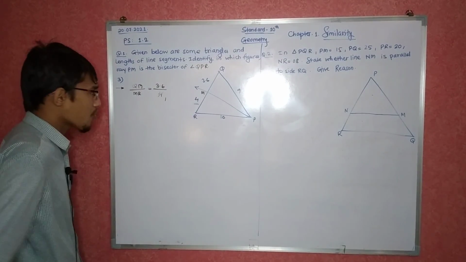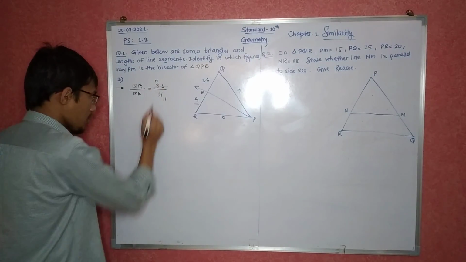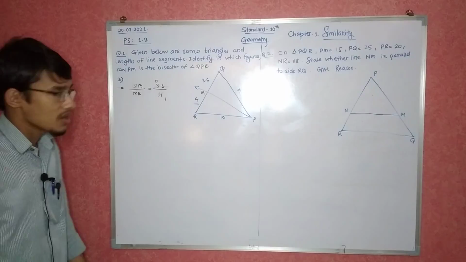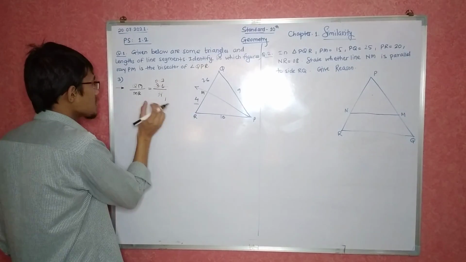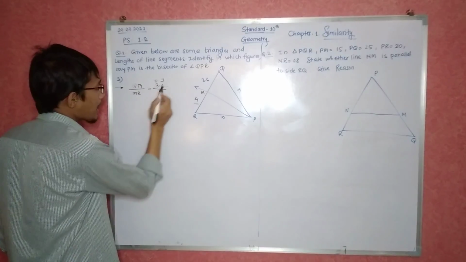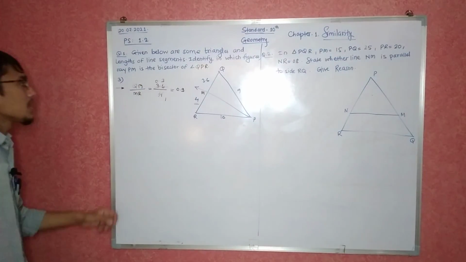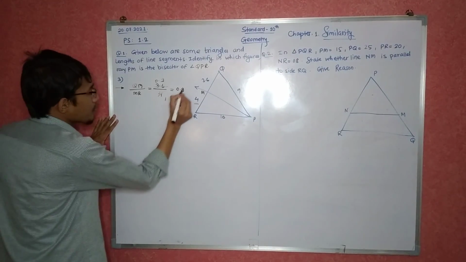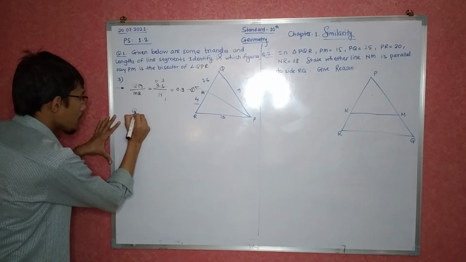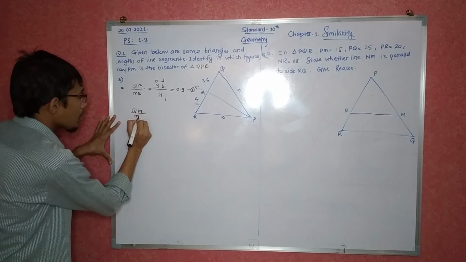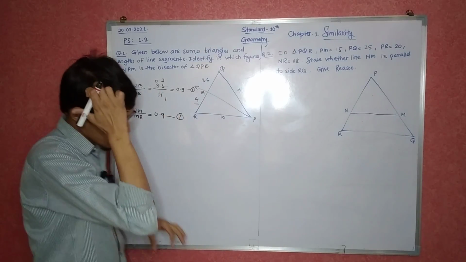So 4 ones are 4, 4 zeros are 0, point as it is. We know 4 nines are 36. So what is the value of QM upon MR? It is 0.9. Now we will take it as equation 1. What we have got? QM upon MR is equals to 0.9.